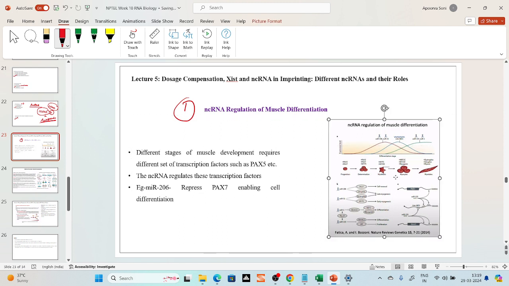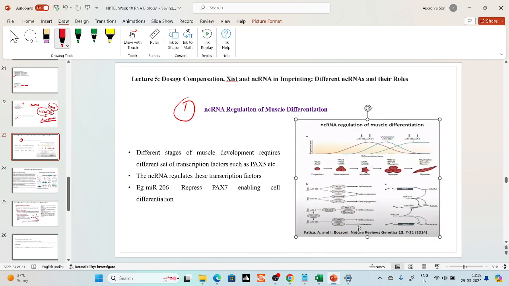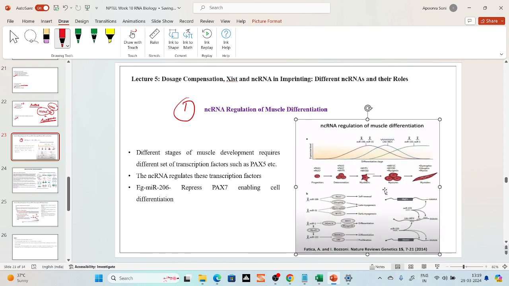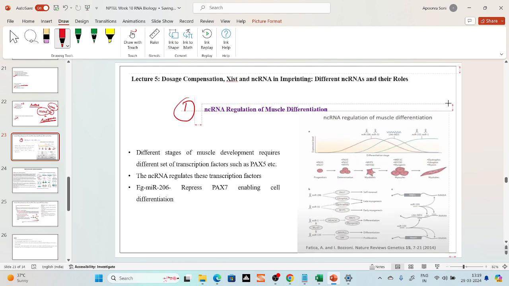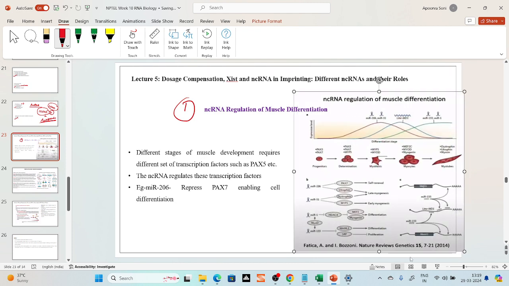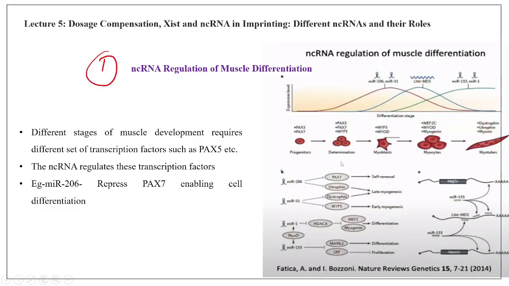You can see from this figure, from progenitors, they are going through different stages: determination, myoblast, myocytes, myotubes. These are the different stages of muscle differentiation. And in each stage, you can see so many different kinds of transcription factors are important.